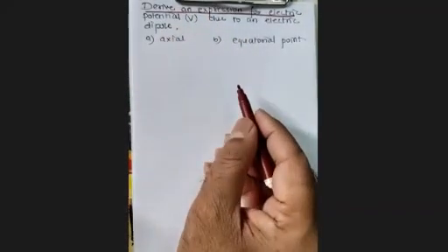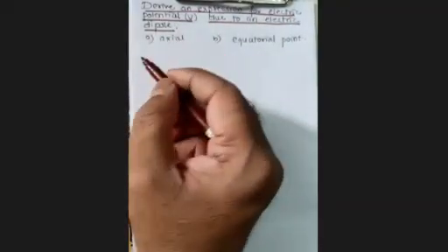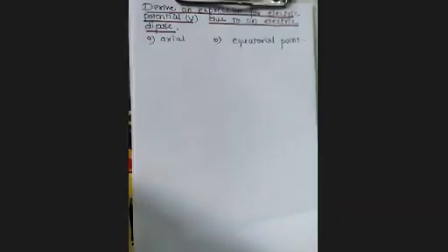So derive an expression for electric potential V due to an electric dipole. We have to discuss two cases. One is at axial point and the other one is at equatorial point.